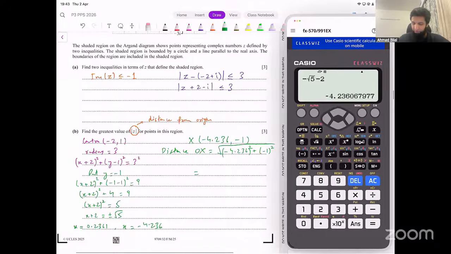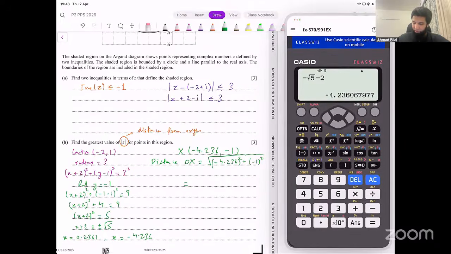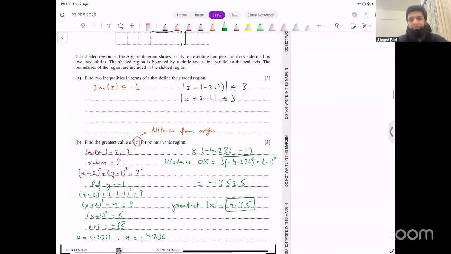You can see what this turns out to be. This number squared, plus 1 squared, square root of this thing, and that is giving me 4.3525. Round it off to three significant figures, and that is 4.35. We can say the greatest possible value of modulus of z is 4.35. That is what we were looking for.